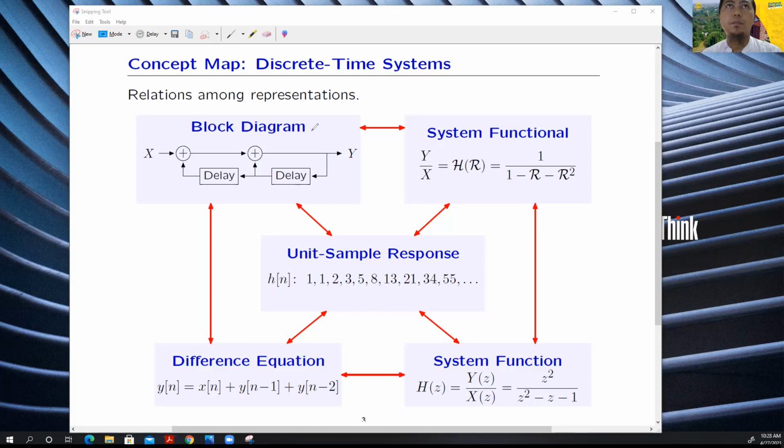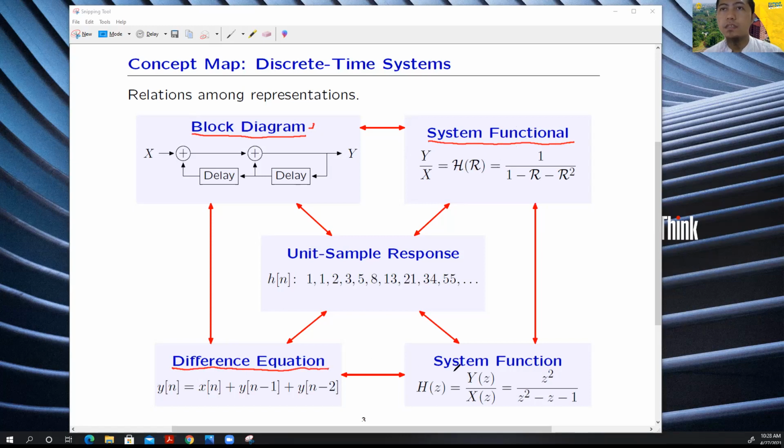The left top box is the block diagram representation of the system. And this is the system functional. And then this is representing the system in difference equations.